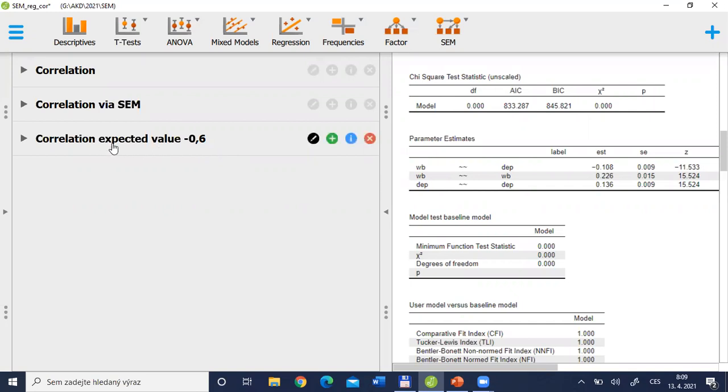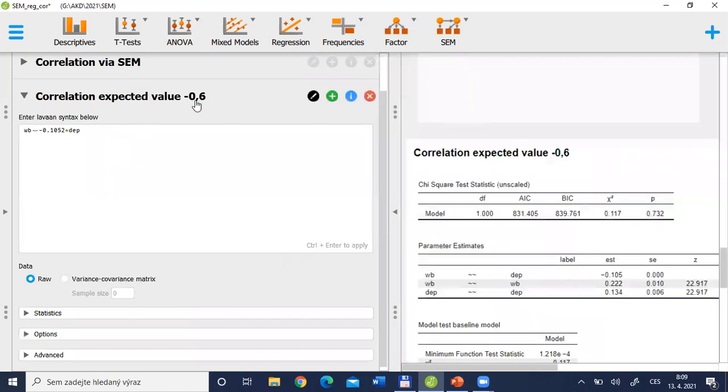So if I would like to test some specified value through structural equation models, I must implement this pre-specified value into the model. Unfortunately, it is impossible in lavaan to specify a correlation, but we need to recompute the correlation into covariance.